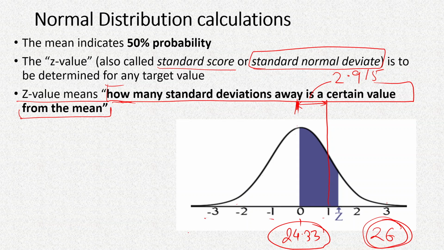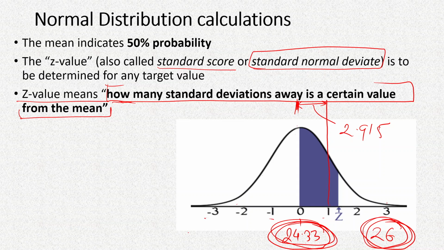So the mean itself is 24.33. The standard deviation is 2.915. And so how many standard deviations away is 26 from 24.33?